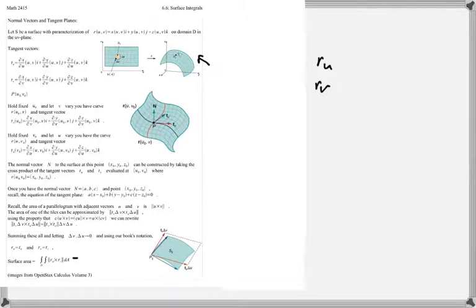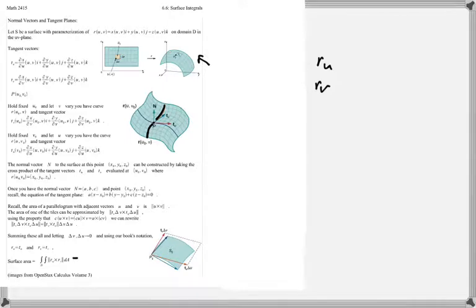Now, if we pick a particular point P naught, being the point u naught, v naught, or we'll just call it P, and we hold u naught fixed and let v vary, then r(u naught, v) is this part of the wireframe.